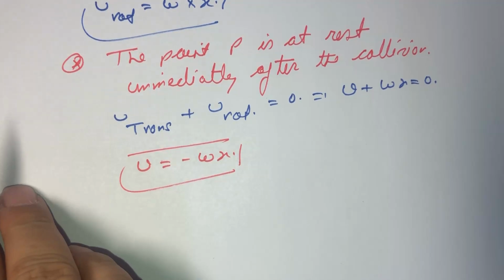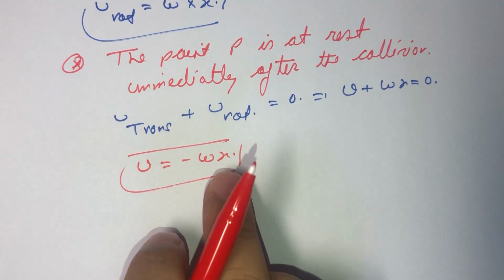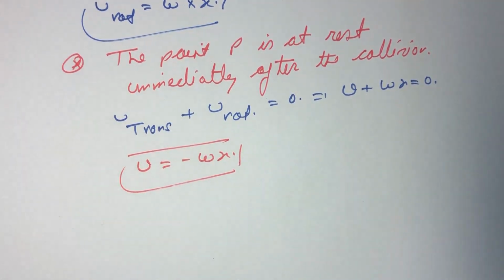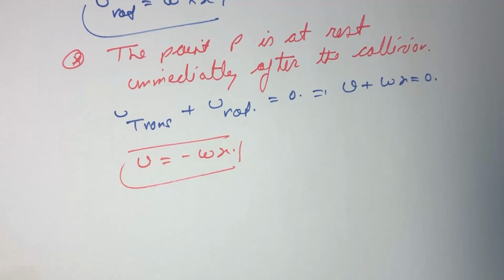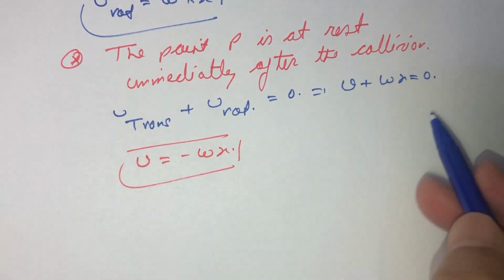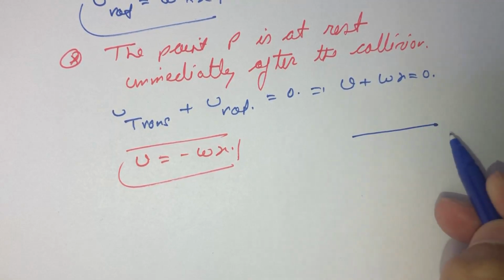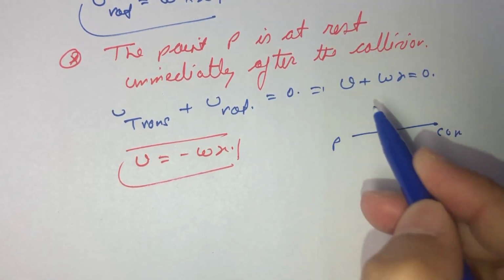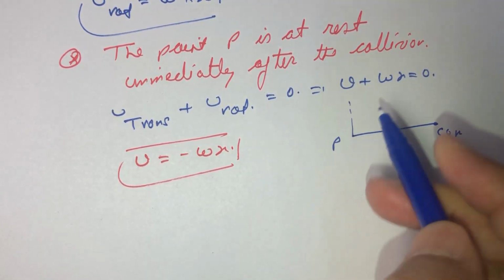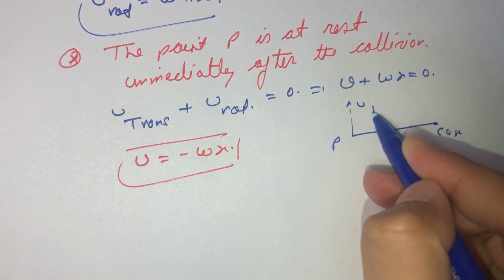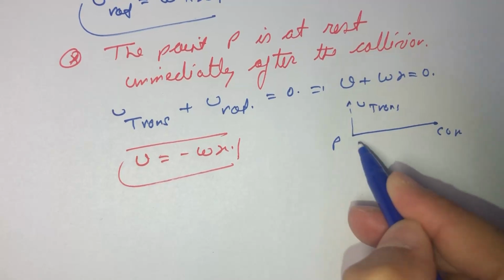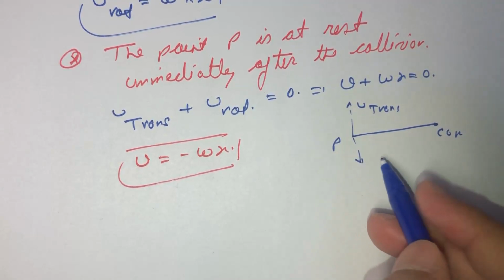Okay, and we are supposed to find out the distance also, so we have to find out x. So we can draw this; it will be in the opposite direction. This is our center of mass, and this is point P. This will be our V translational and this will be our V rotational.